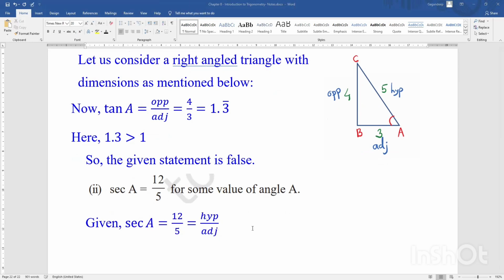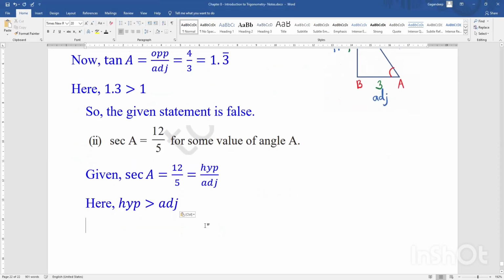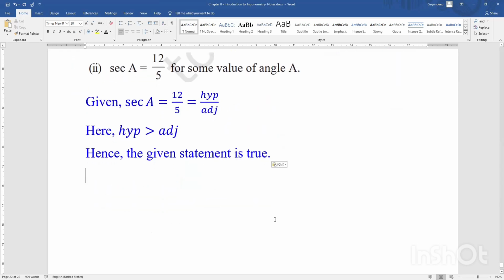Here, the hypotenuse is greater than the adjacent. So you should note that, always remember, the hypotenuse will always be greater than the adjacent and opposite sides. So that's why this given statement is possible. Hence the given statement is true.